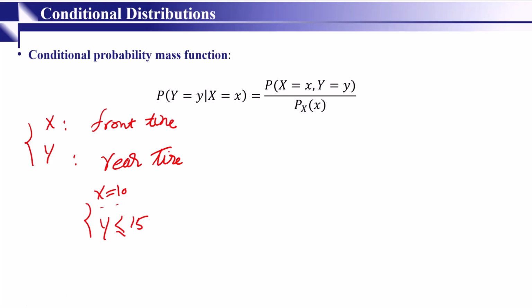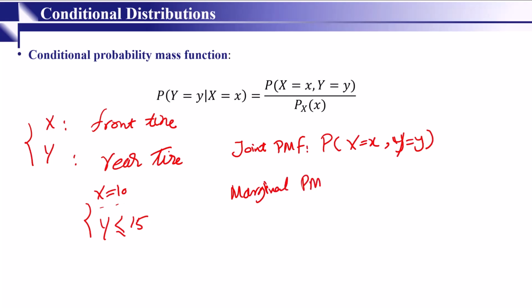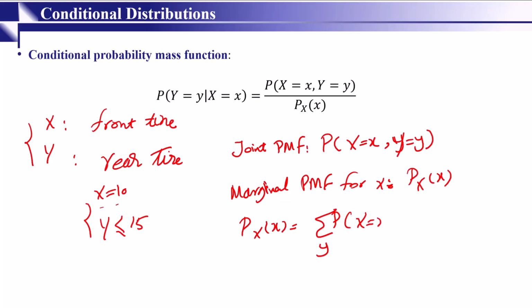So our x and y are two discrete random variables, and they have a joint PMF, and the joint PMF is probability of X equal to x and Y equal to y. And we have a marginal PMF for X, which is equal to the probability of X equal to x, and this is equal to the sum over possible values of y of the joint PMF, probability of X equal to x and Y equal to y, right?